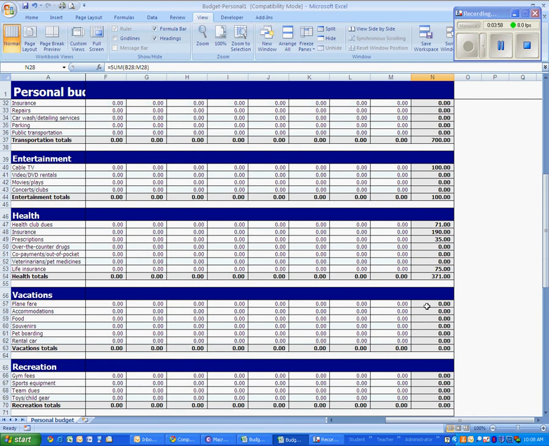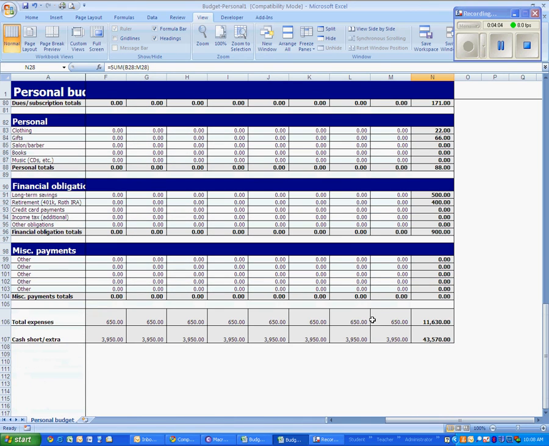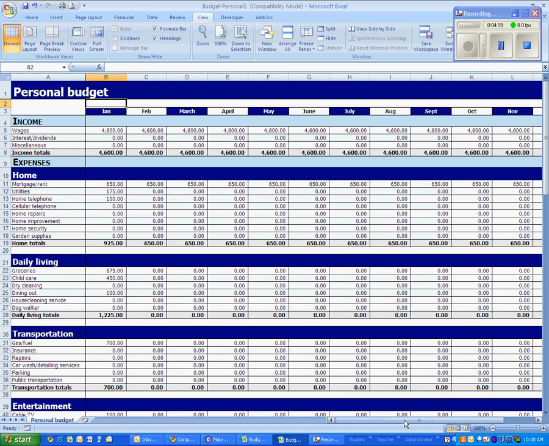Now, if I'm going too fast, just pause the video and take a minute to look at it. And then way at the bottom here, you have your total expenses for the year and any total cash shortfalls or surpluses for the year. So if you set the Excel spreadsheet up correctly, you can really get a handle on where your money's going.